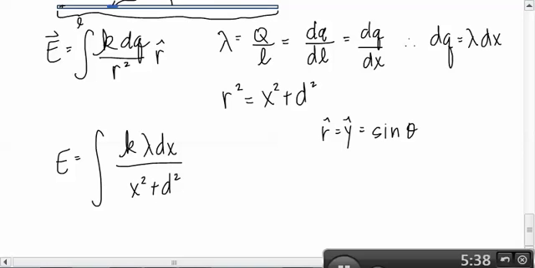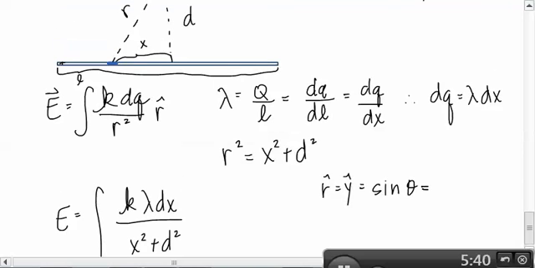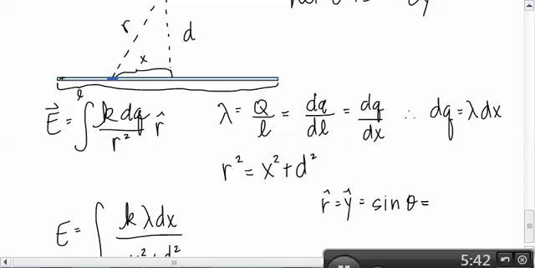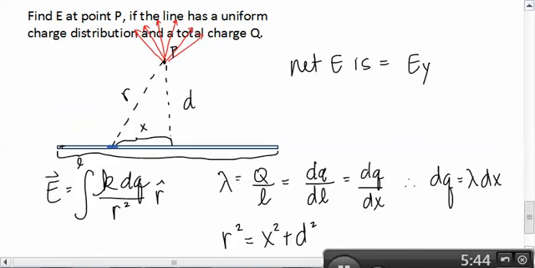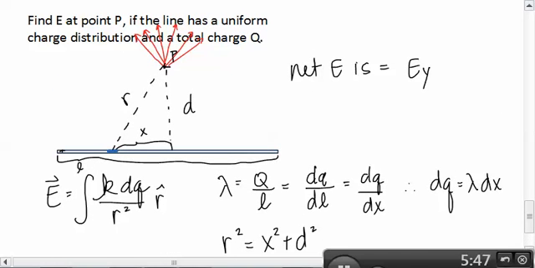And actually, let's go back and look at our triangle here. Sine theta, if we're looking at this guy right here, isn't that angle the same as that one right there? Not that one in particular. Hold on. Let's see.